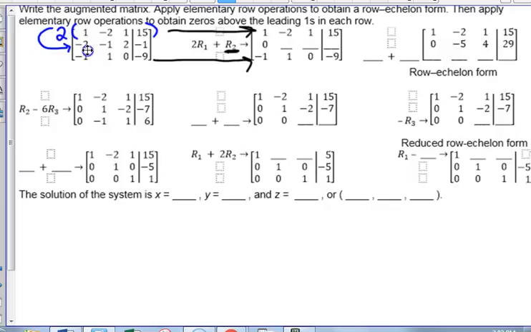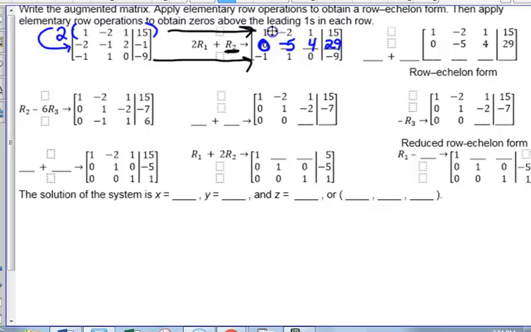So 2 times 1 added to negative 2. 2 times negative 2 added to negative 1. 2 times 1 added to 2. 2 times 15 added to negative 1. Okay, guess what? On the quiz, there's not going to be a next one that has that row filled in already.